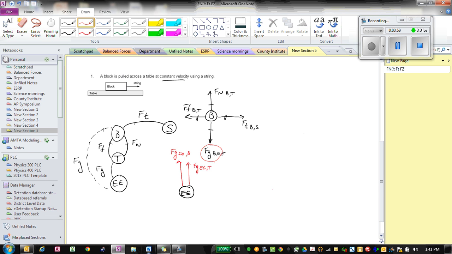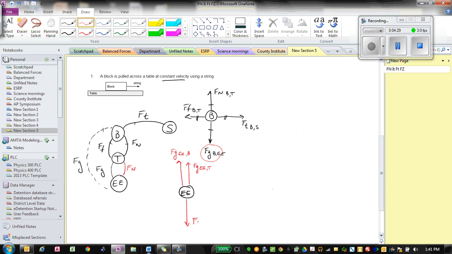But this is problematic because even if it were a small value, small is not good enough. The Earth doesn't accelerate up at all because the table rests on the entire Earth. So what's missing from this diagram is a normal force. So I've got to include that, and that would give us this downwards force, because I can't have an entire Earth that's accelerating up, even if that number is small in this problem.